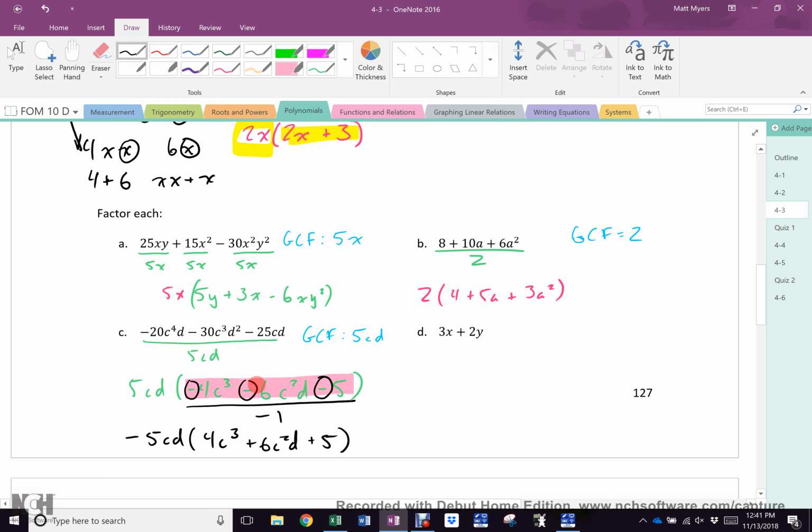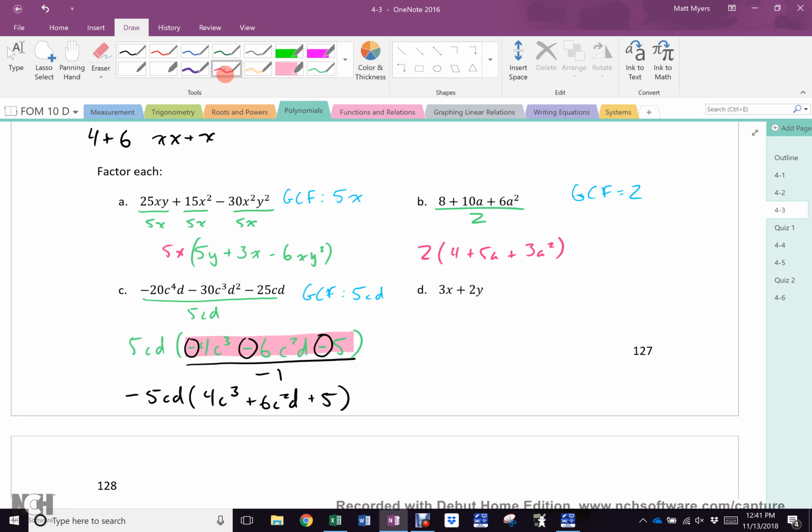Now, let me ask you this, because you have led to the very next thing that I'm going to say. What if I gave you this? 5CD negative 4c cubed minus 6c squared d plus 5. We still don't like this. We want that negative out at the front.